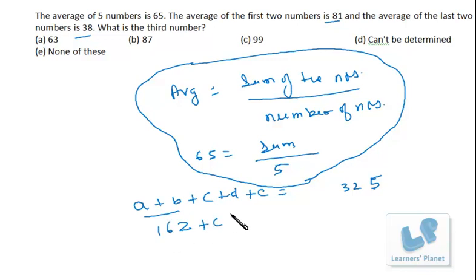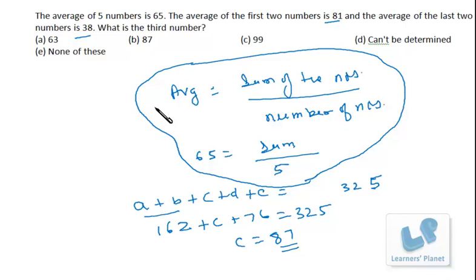Similarly, we don't know C. The average of last 2 numbers is 38. That means what will be the total of last 2 numbers? That is 2 into 38, that is 76. Right? So we can get the value of C. That is 325 minus 162 minus 76. So it is 87.